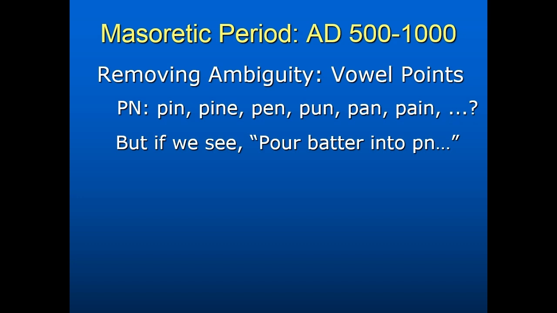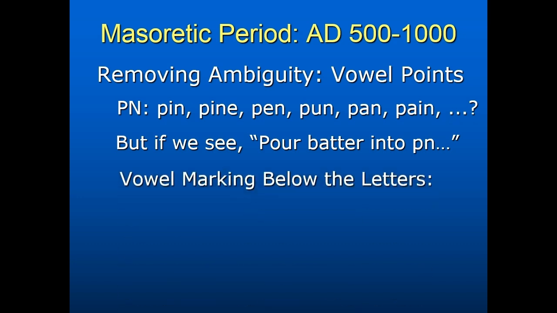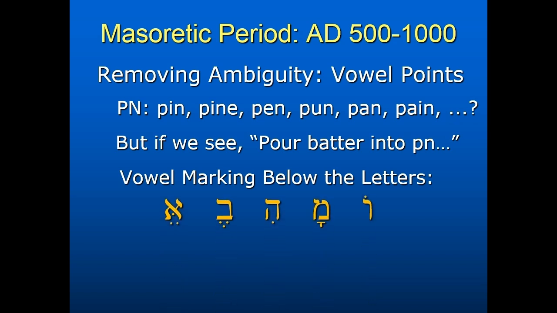So the rabbis came up with vowels, but they couldn't put them into the text. Their overriding rule was that it must be preserved without changes. And so they put markings to represent the vowels under the text, like this. Under the aleph, there, the two dots are a long A. The inverted triangle of dots under the bet is a short E. Under the he, that single dot is the long E sound.